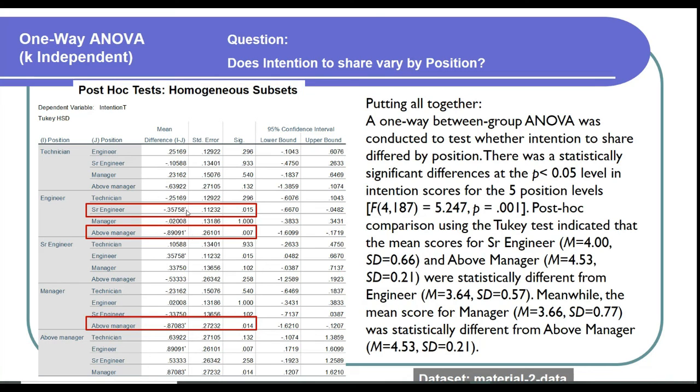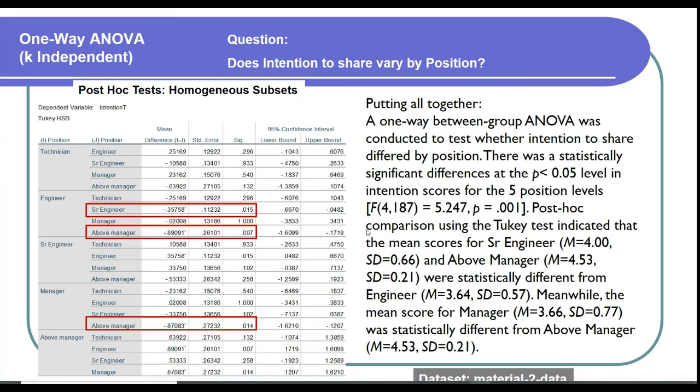You still remember that I told you if there is a star over here, it means there is a statistically significant difference, meaning that you need to find those categories that differ significantly.